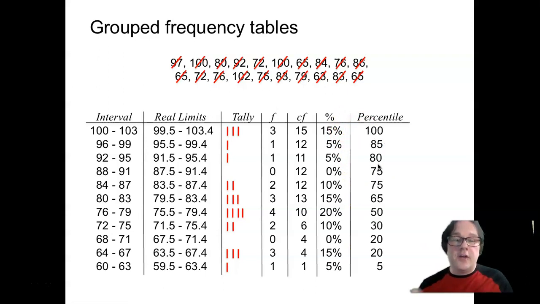So there you go. By the time your score is in the 100 to 103 interval, you're in the 100th percentile. That means 100% of scores are in your interval or below you.